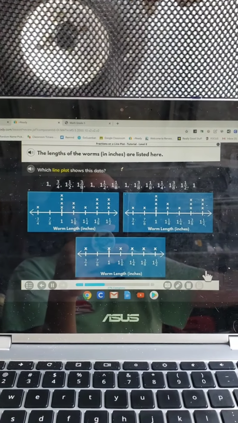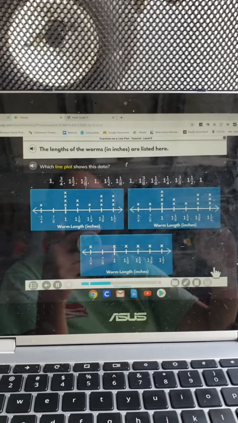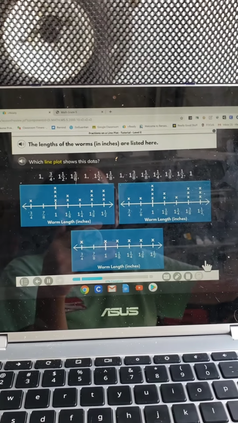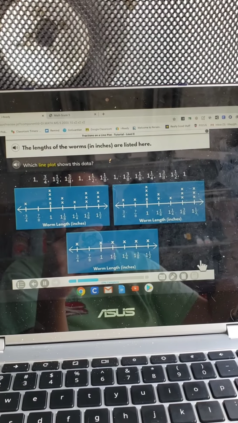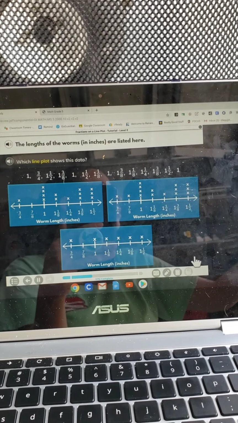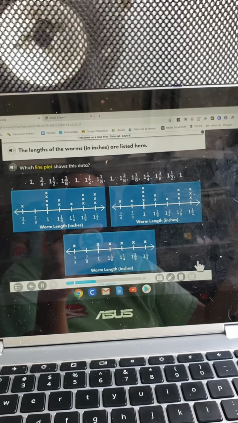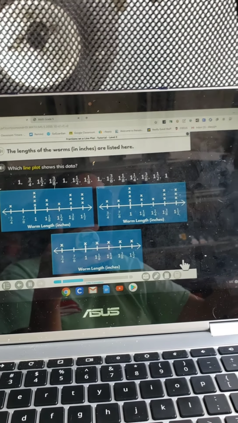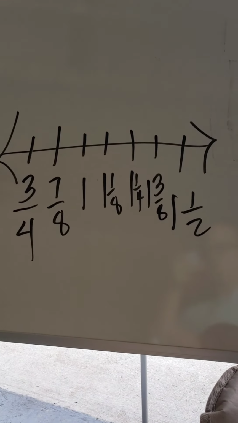Seven eighths, 1, 1 1/8, 1 1/4, and 1 3/8. Mine's a little messy, but I can read it.